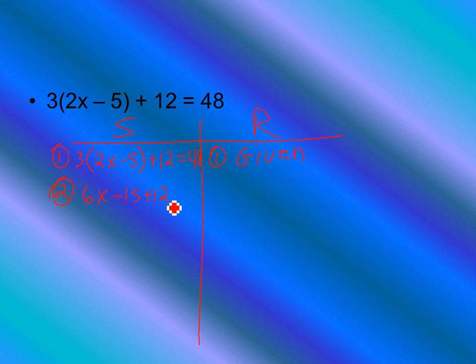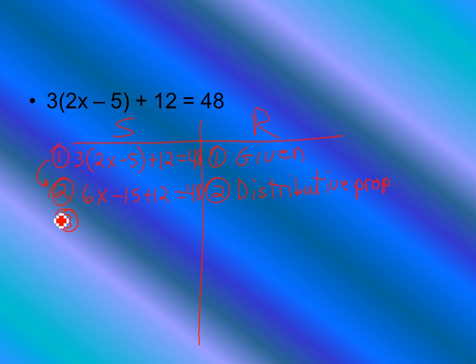Still got the plus 12, and that all equals 48. How did we know that we could go from this step to that step? Because we can use distributive property.